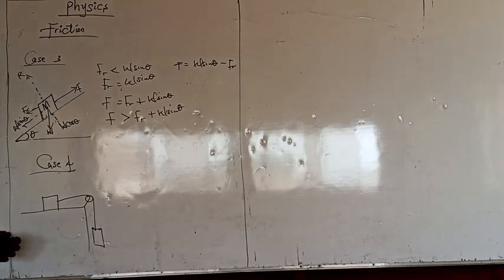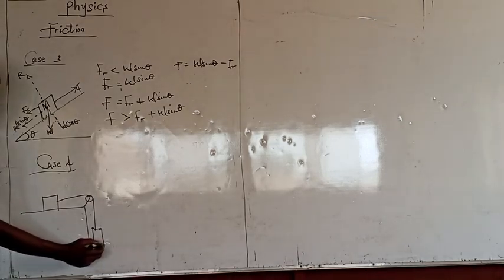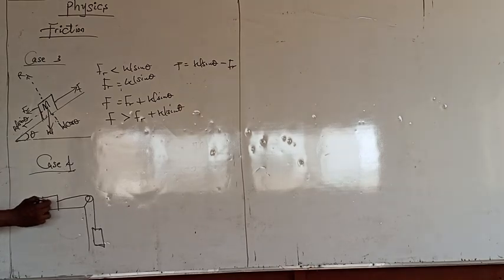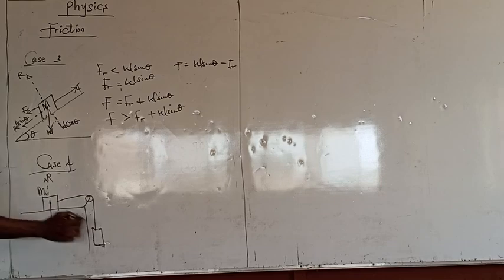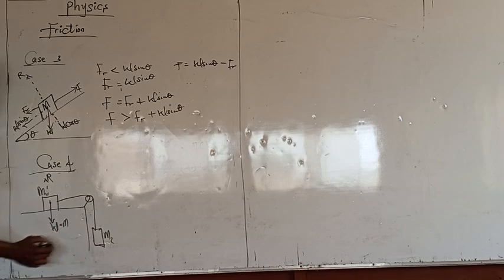Now, if we have this, in this case there's already a force trying to pull this mass downward. Let's say this is the weight of the mass, W. This is our normal reactional force, R, and our W is equal to mg. Let's call this one m1 and call this mass m2. We see that this is m1g.